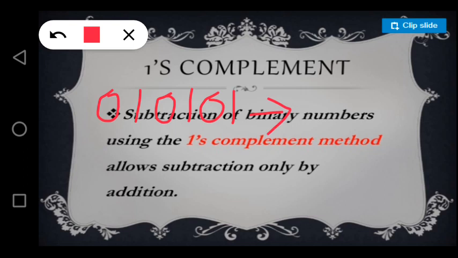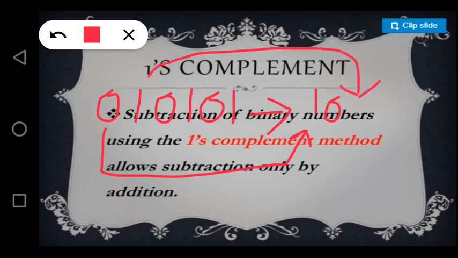What is its complement value? In place of 0, I should add 1, and in place of 1, I should write 0, so 101010. It is very simple, right? It is easy to understand the complement.